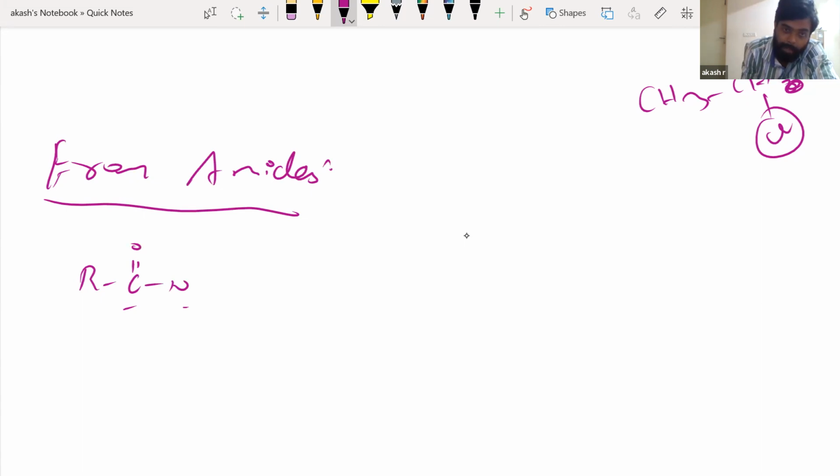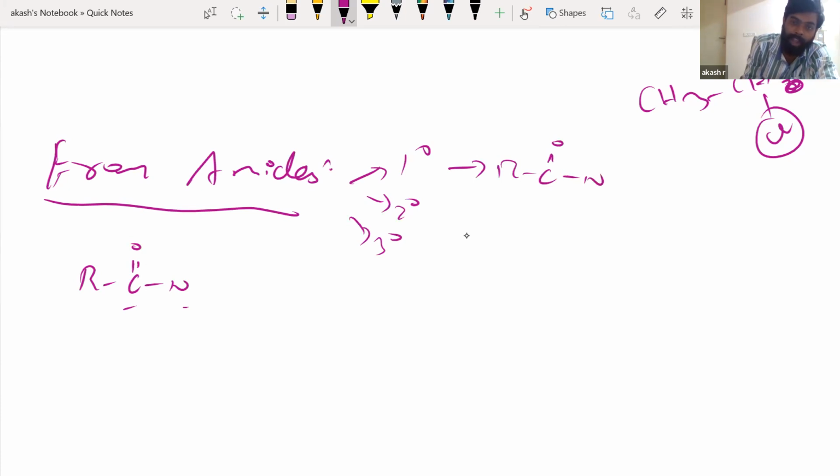Now again, amides can be primary amides, secondary amides, and tertiary amides. How do you write primary amides, for example? In primary amides, RC double bond O is there, N is there, and at least 2 hydrogen atoms should be there on the nitrogen atom.